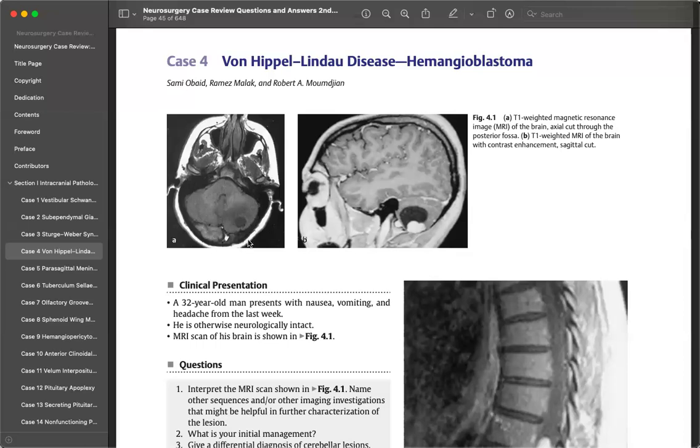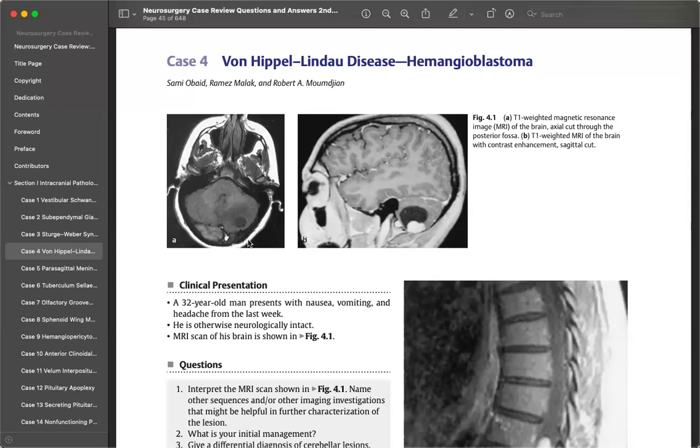Some people, if they want to do a two-stage procedure, especially when the patient is not very stable, will start with a shunt and then subsequently go in and do the resection of the lesion. Whatever it is, CSF diversion is important. Some may even go ahead and do an ETV for the patients.